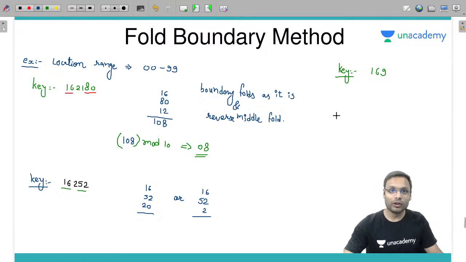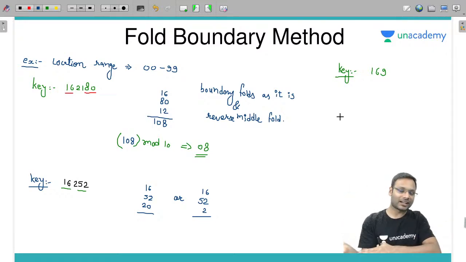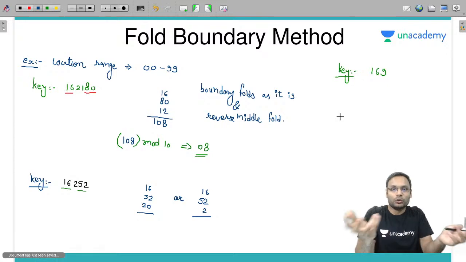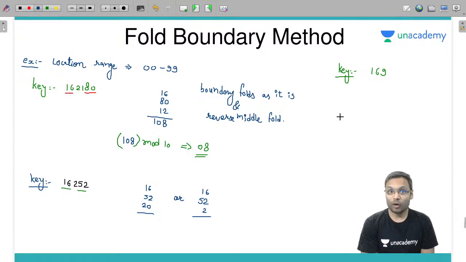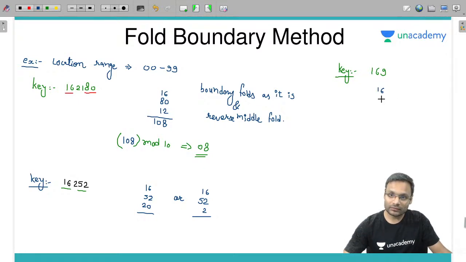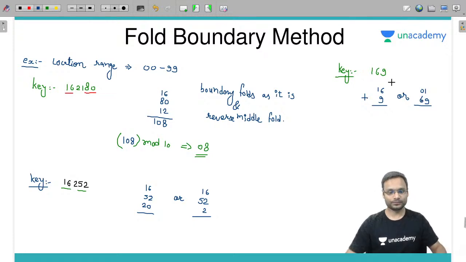You will take the boundary folds, 2 digits on the right side and 2 digits on the left side, but you don't have 2 digits on each side. What will you do? You can go either with 16 and 9, or with 1 0 1 and 69. So folds you can keep like that.